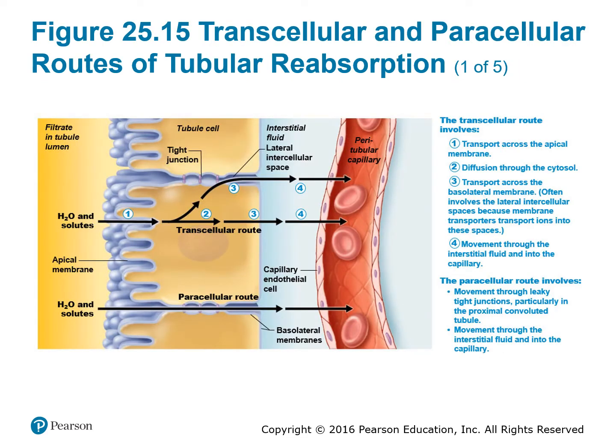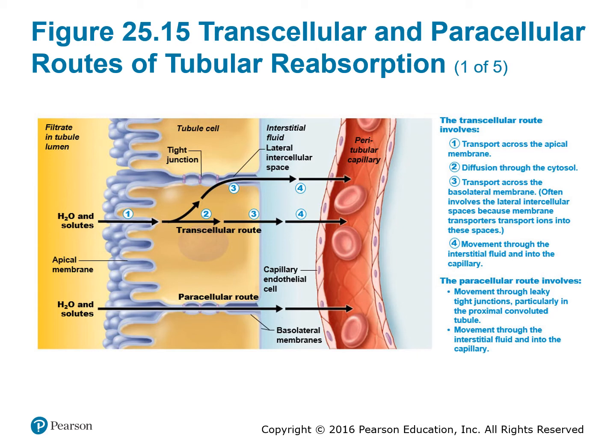Looking at this nice picture, we're going to see the numbers over here. Note 1, 2, 3. Number 2 is a little fork in the road, and then we've got 3 and 4. Our transport across the apical membrane, here are the little finger-like projections of the apical membrane.